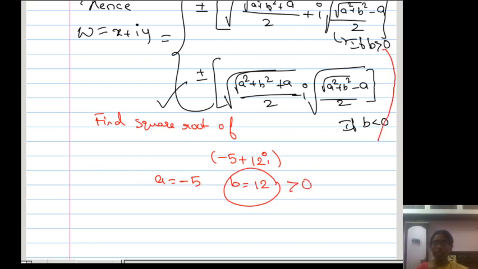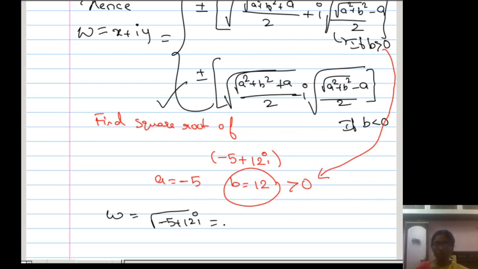If b is greater than 0, which formula do you have to apply for the square root? You have to apply the formula of this. So I'm writing here, under root minus 5 plus 12i. Square root of w can be written as square root of the complex number a plus ib.